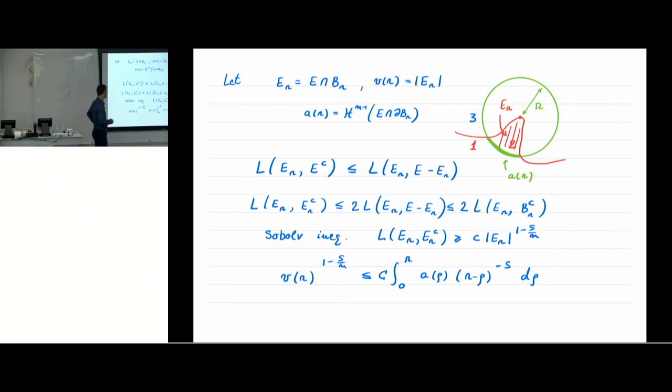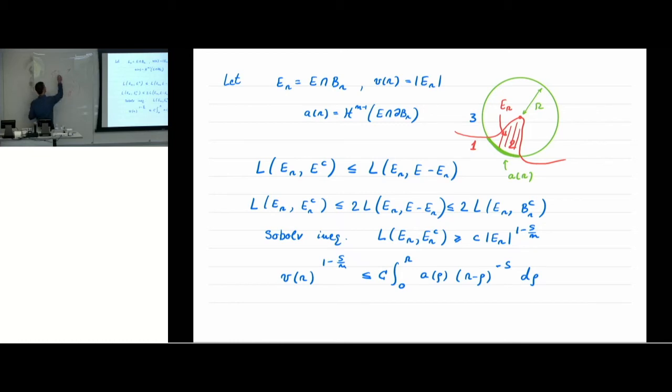And now I'm using the Sobolev inequality, or some very simple inequality, which says that if I have a set of measure 1, and I look at all x's here and all y's outside, for sure I'm going to get something more than 1 over 100. How do I know that?